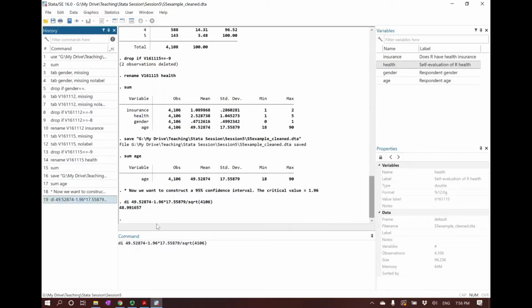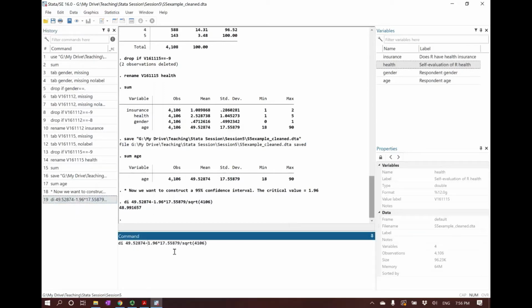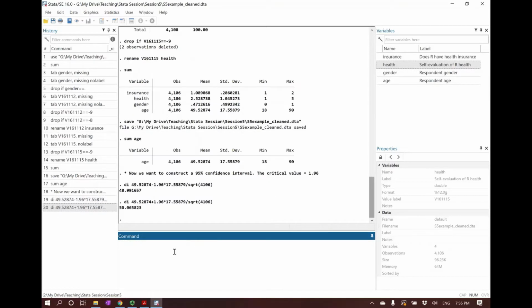Now I'm going to calculate the upper bound, which I just need to change the minus sign into a plus sign. So I'm calculating x bar plus 1.96 multiplied by s divided by the square root of n. Click enter, it's 50.066.